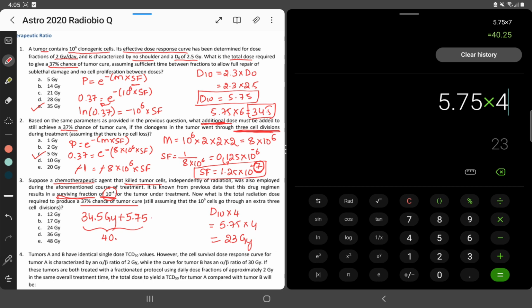Now we have to subtract 23 from this. So 34.5 plus 5.75 minus 23 gives us 17.25. So the dose over here is 17.25.